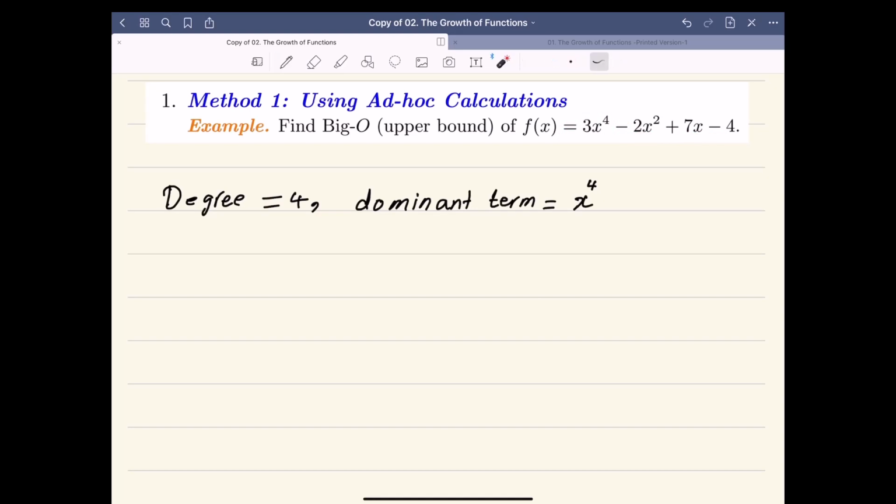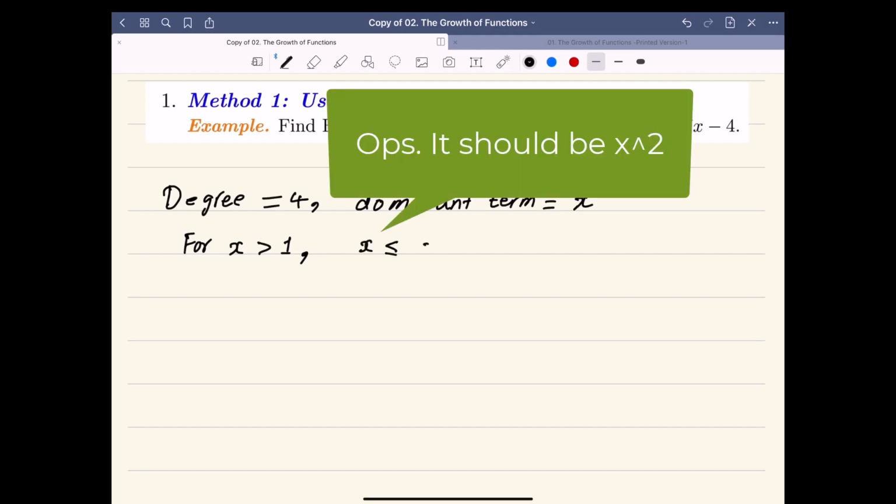Now let us see the relationship between each of the other terms and the dominant term. Let us start with 2x squared. You know that for x greater than 1, x squared is less than x raised to power 4.